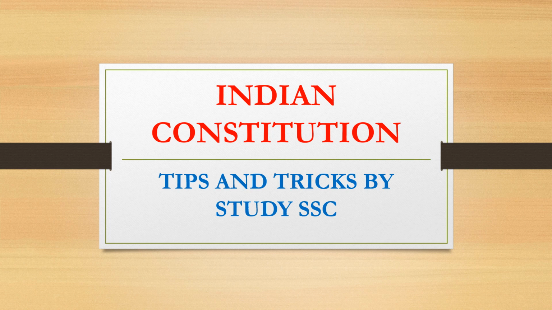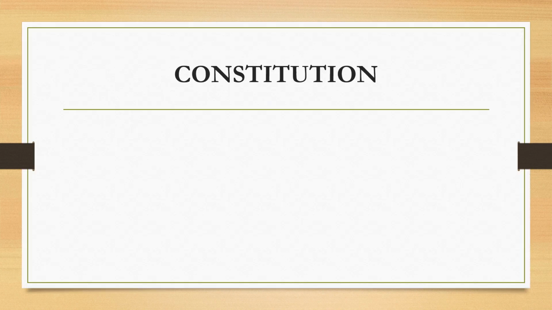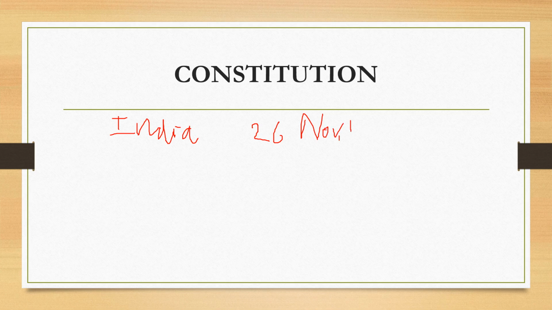Indian Constitution. Which is the world's largest written constitution? That is the Indian Constitution. The Constitution was adopted by the Constituent Assembly on 26 November 1949 and it came into effect on 26 January 1950.